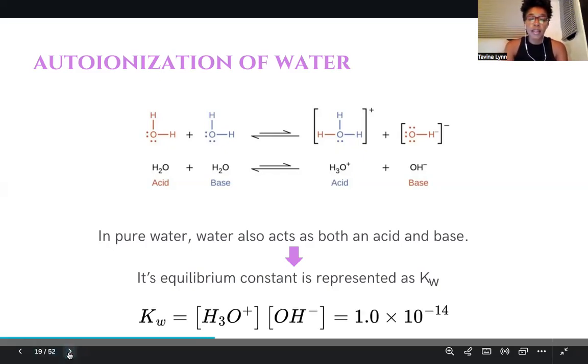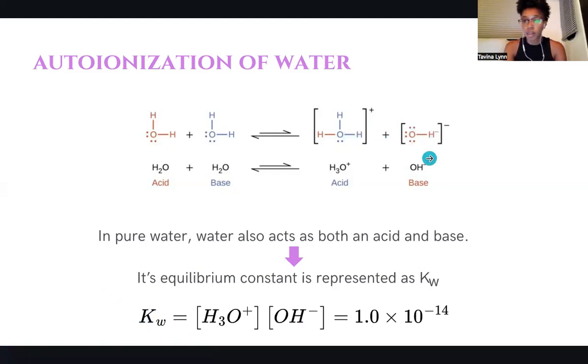And our equilibrium constant is equal to the concentration of our products over reactants. In this case, it's just the concentration of our hydronium ions times the concentration of our hydroxide ions. And that's all over 1, because water is a liquid. Our reactants are just water, liquid.